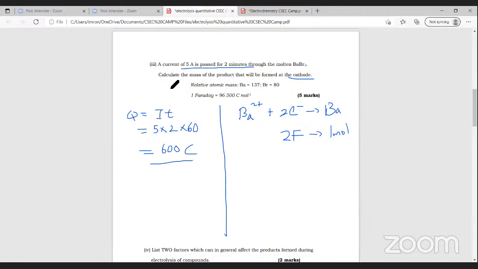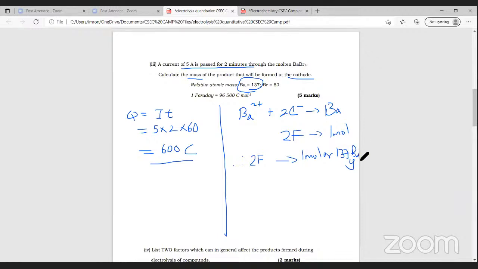Now the question asks what mass. So we need the mass of barium. We're given the relative atomic mass of barium, which is 137. We know the relative atomic mass is the same number as the molar mass. So 2 Faradays is going to produce 1 mole, or 1 mole of barium is going to be 137 grams.